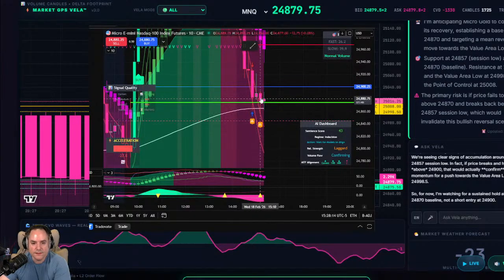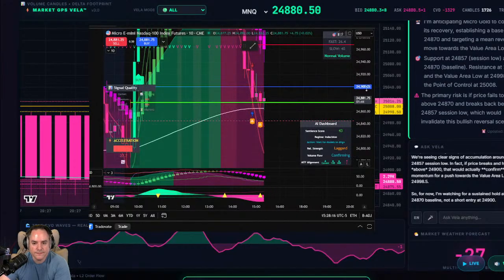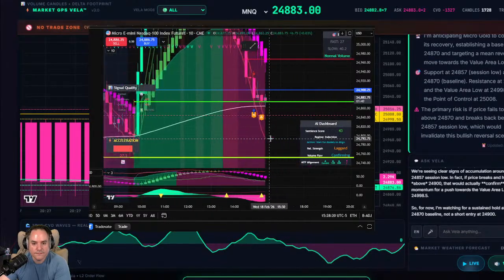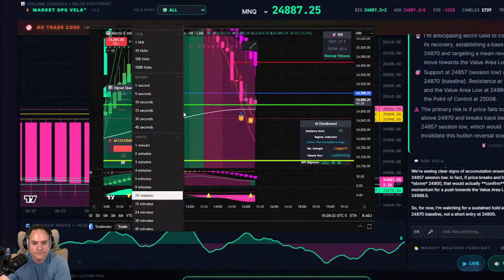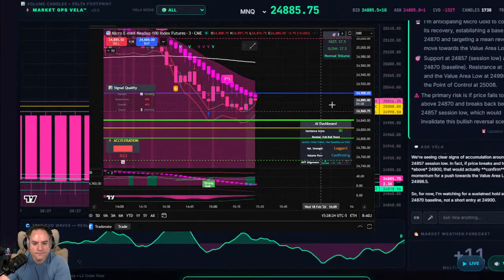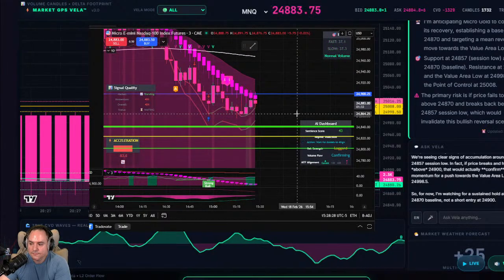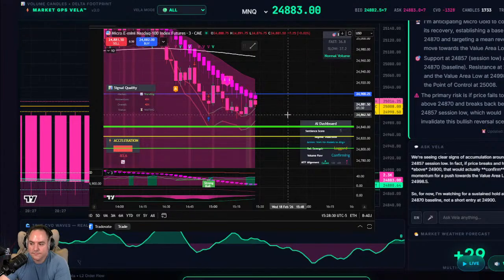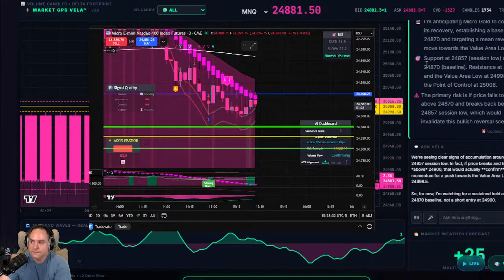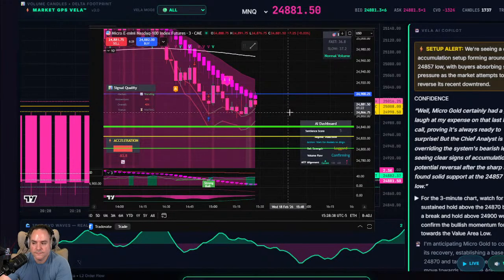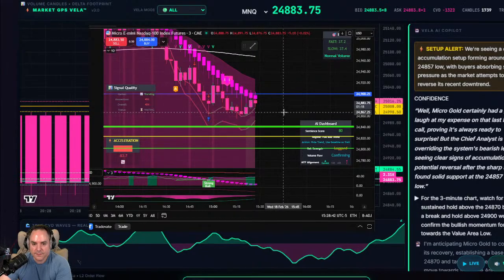Price still sitting on that support. Okay, I see delta starting to come in.